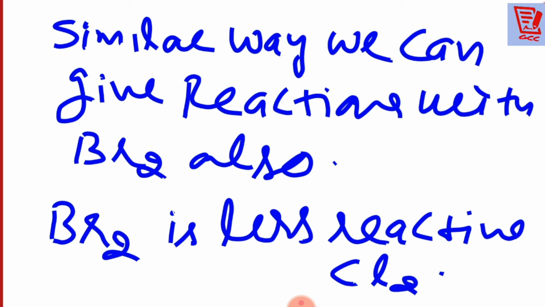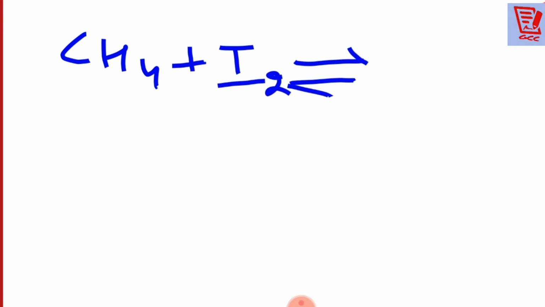Clear? After that, beta, we have to do the iodination, which means the reaction with I2. Usually, suppose CH4 plus I2, and here we are using the double arrow, which means this iodination is reversible.